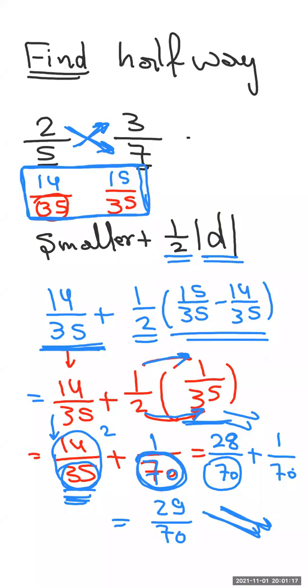Okay, another question exactly like this one. Find the rational number also on the halfway, the same question, between 5/6 and 3/8. First step, unify the two denominators.